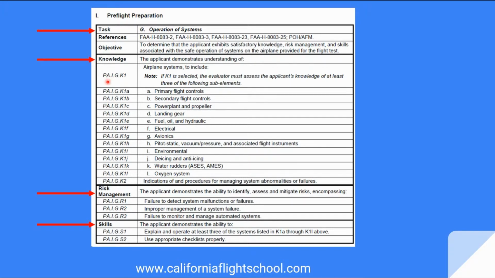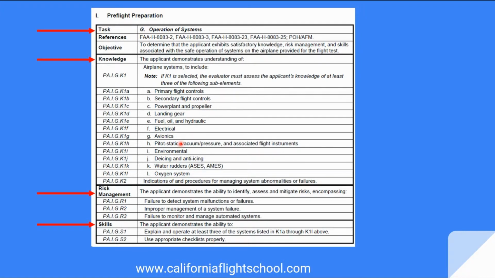They'll have, let's say, for pre-flight preparation, G, operations of systems, K, knowledge 1, and so forth. It's very helpful for you to create a page or a study chapter for yourself for each one of those line items.